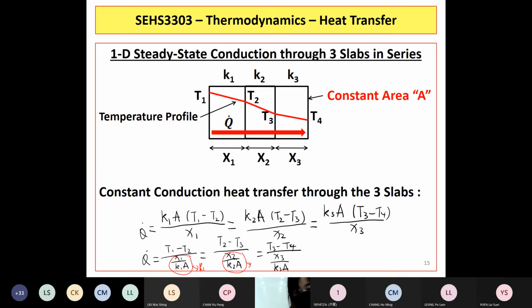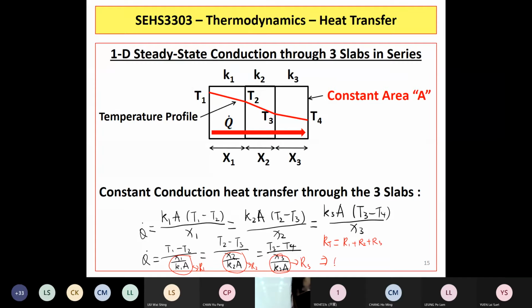This should be R2. This should be R3, right? So for R total, the total thermal resistance equals the sum, right?